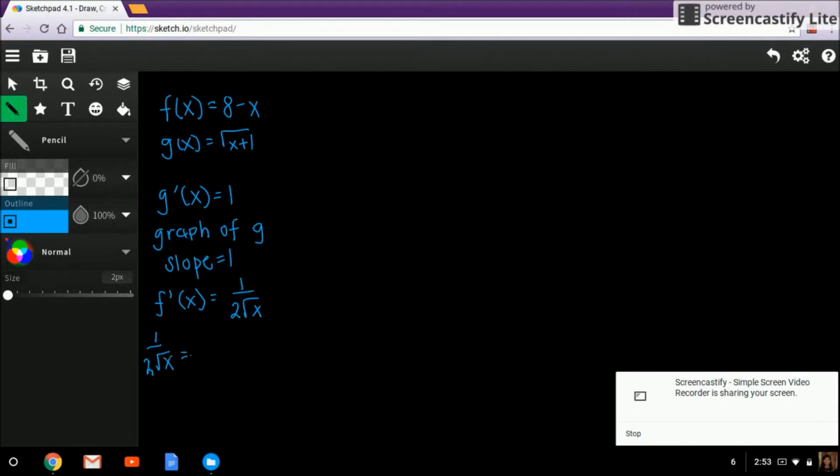And we also set 2 square root of x equal to 1, and we get the square root of x equals 1/2, which gives us 1/4. So there is a point P at which Megan's ball is perpendicular to Sarahi's function of her ball, which is 1/4, 1/2.